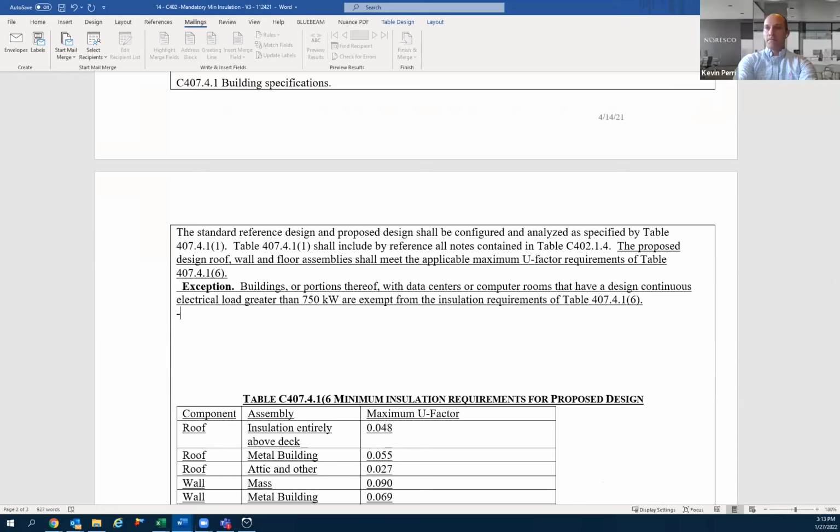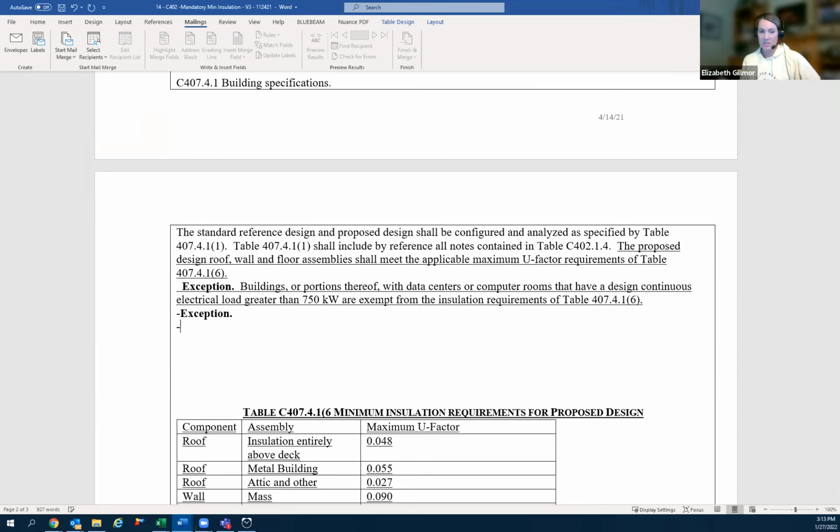And while you're thinking about that, the second exception I would propose is to allow a certain percentage of the envelope to be exempt from this. Whatever that percentage is could allow some flexibility with some of those thermal bridges. It could allow that flexibility with spandrel.